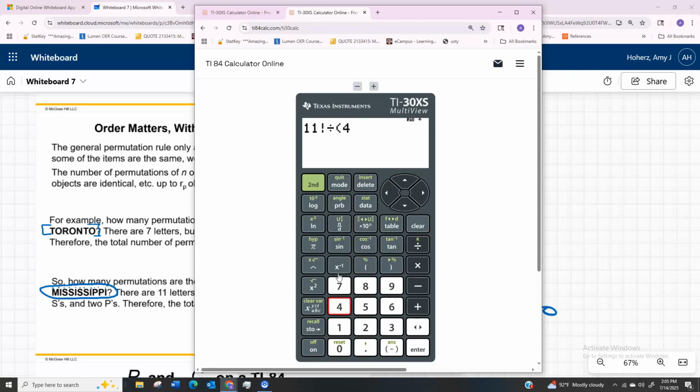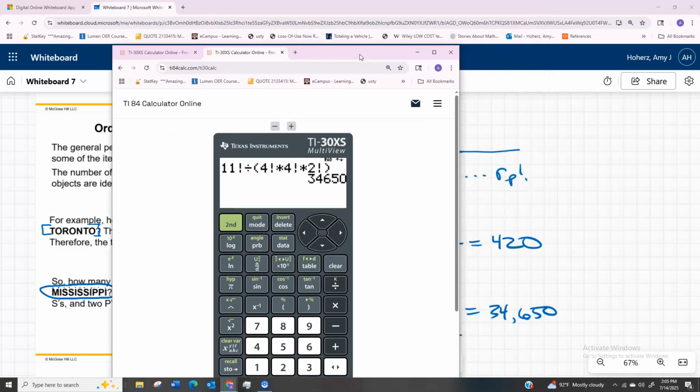And then you would have your 4 factorial times 4 factorial times 2 factorial. And there's your 34,650.